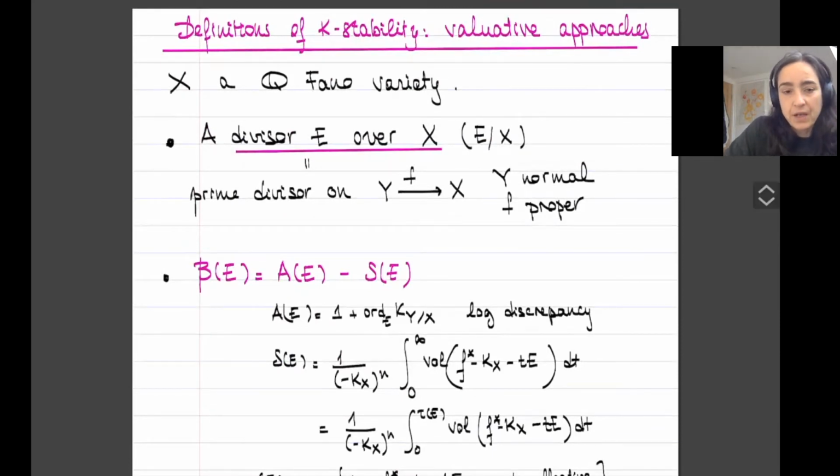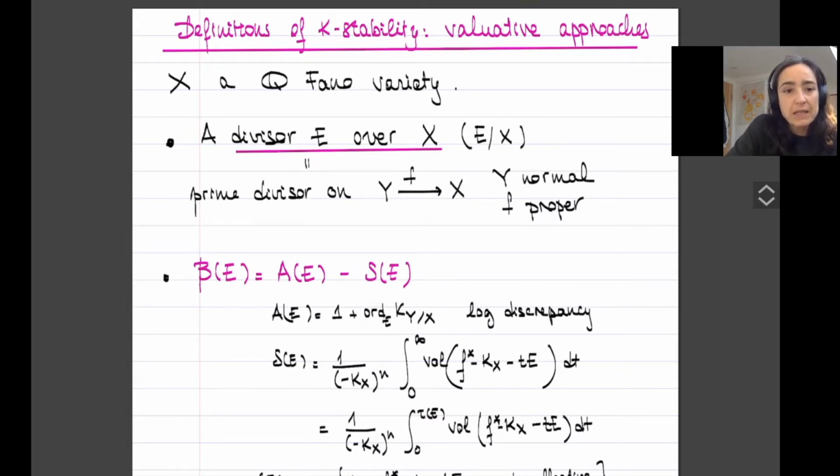Okay, so another important shift in the perspective on these notions of stability came with the work of Fujita and Li, essentially the shift from a definition of stability in terms of degenerations, so all degenerations of a Fano variety, to a definition in terms of valuations of your Fano variety.